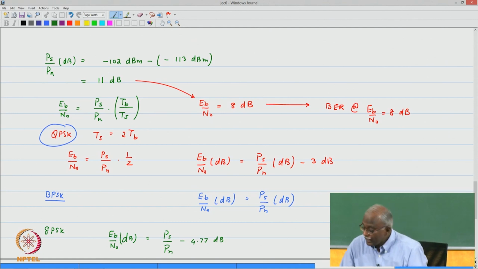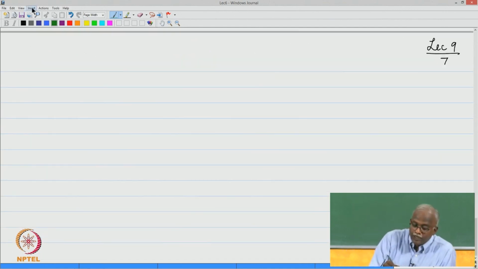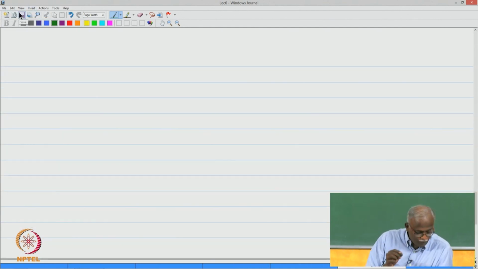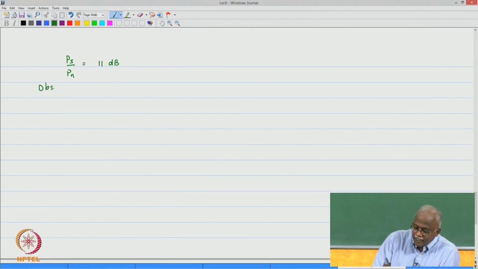Now, in addition to all of this, we now also have to make a note of the following. We achieved a PS by Pn of 11 dB, that is what we have been able to achieve. Now, the following are observations regarding the factors that affect the value of PS.